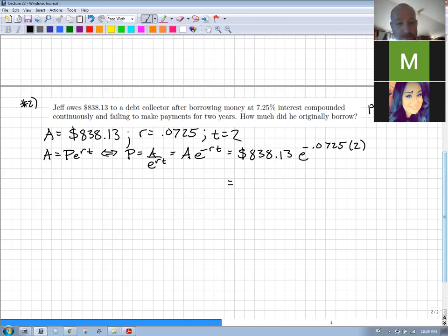Let me see. Negative 0.0725 times 2, e to the x, times 838.13, and I get $725.